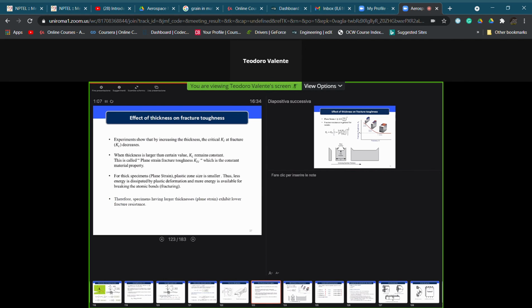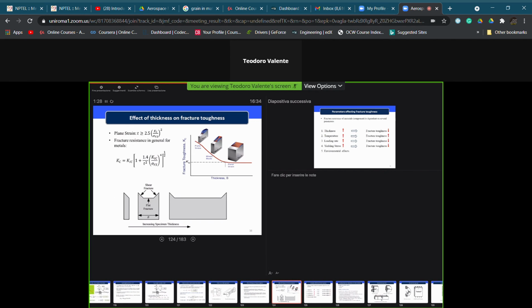Because when we do not have this hypothesis, the stress field distribution depends on the thickness of the material itself, and increasing the thickness, we can have higher stresses, that is, we can have reduced values of the fracture resistance.